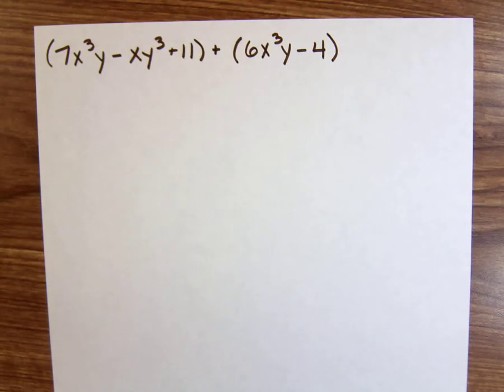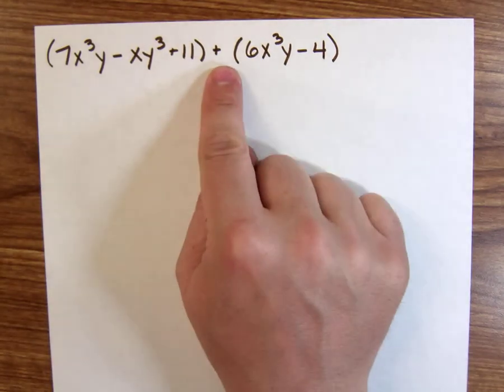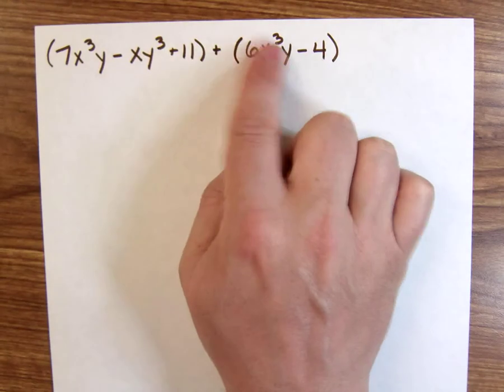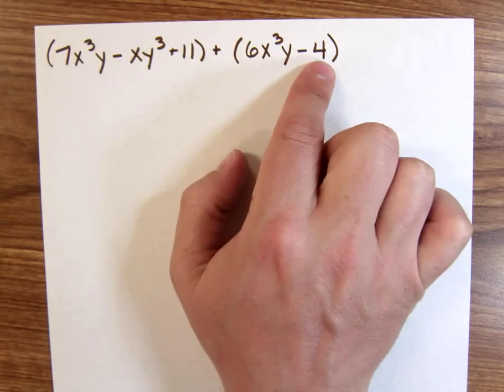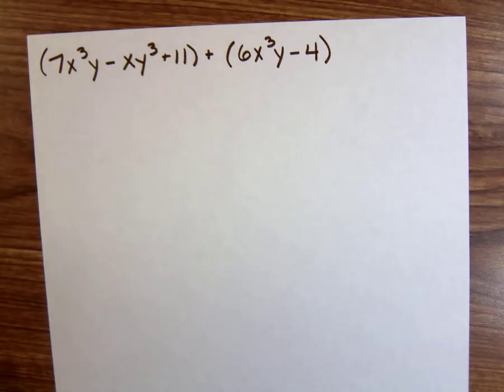Okay, so this is an example of adding some polynomials, obviously, because there is an addition sign in between them. When I have an addition sign in between two polynomials, do the parentheses matter? No, because the number out in front of these parentheses is a positive 1. If I distribute a positive 1, nothing changes about that set of parentheses. Multiplying by 1 makes them exactly the same.